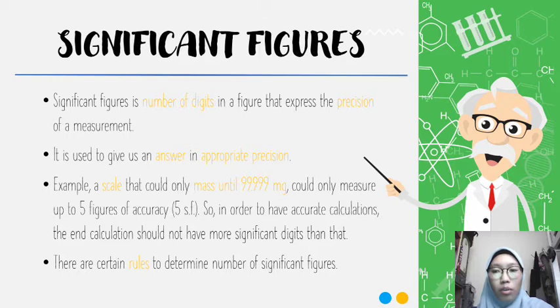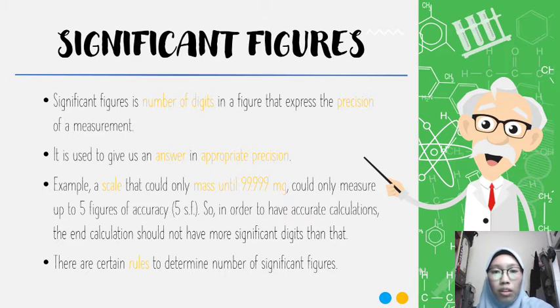I'll give you more detail about this one. Look at the number 99.999 milligram. This number has 5 significant figures. The first significant figure is 9 at the 10s place value. The second is 9 at the 1s place value.